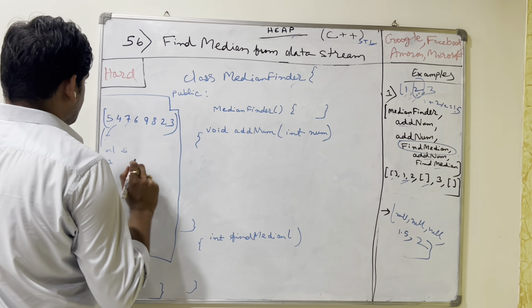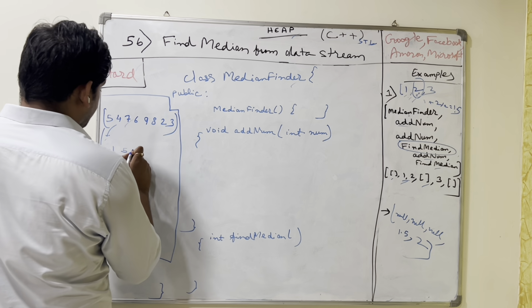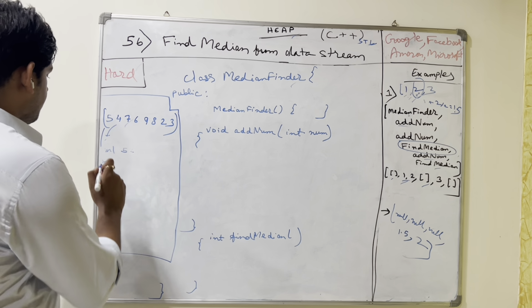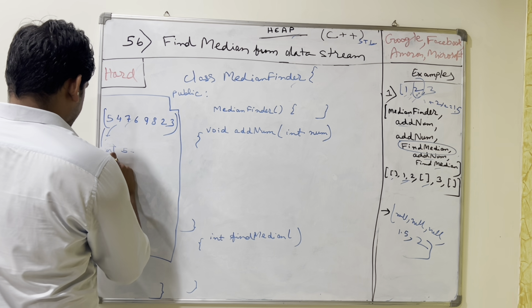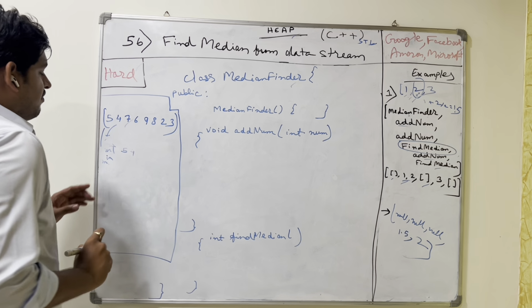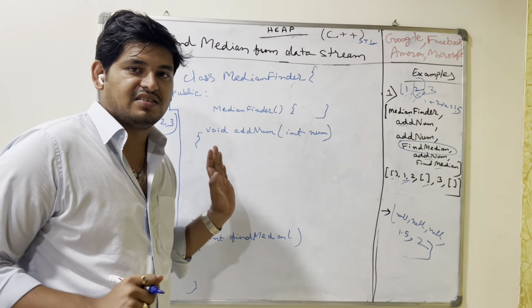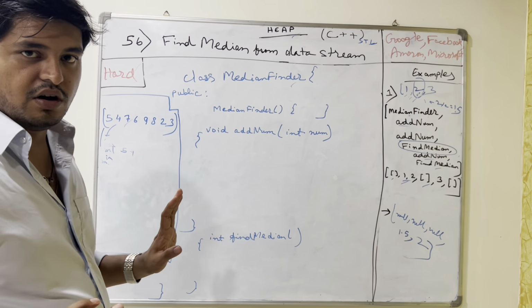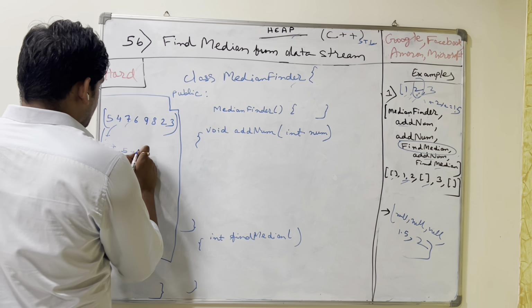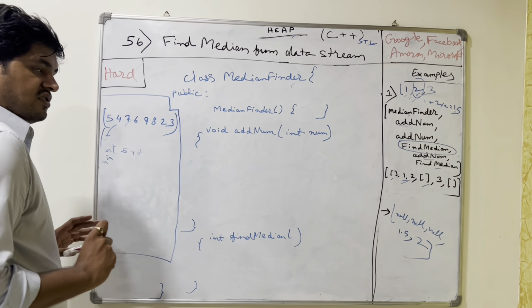So when 5 has come, we don't have any problem. But when 4 has come, this is the max heap, and this is the min heap. We don't have any problem when 4 has come, because the size difference is less than 2. But when 7 comes, initially we enter it inside the max heap.